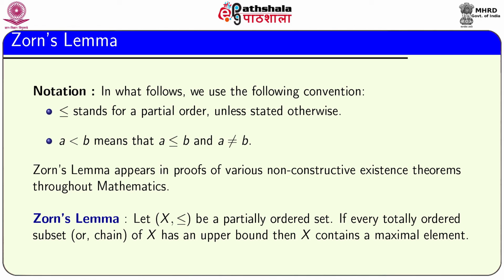In what follows, we use the following convention. When we write the sign less than or equal to, we mean that it is a partial order defined on the set. And if we write a less b, then we mean that a is less than or equal to b and a is not equal to b.